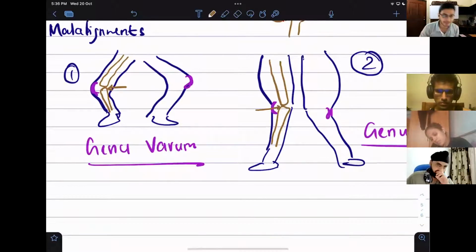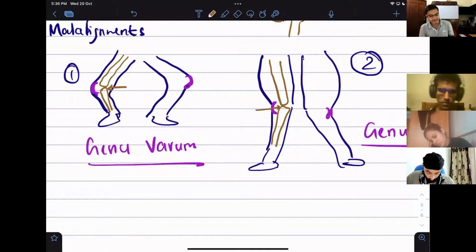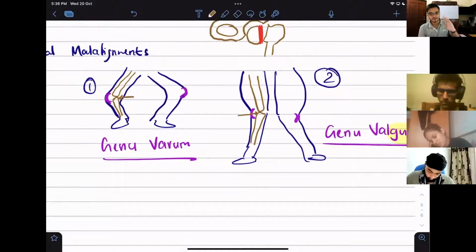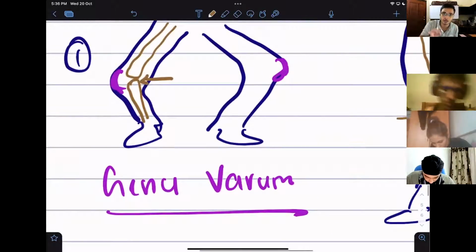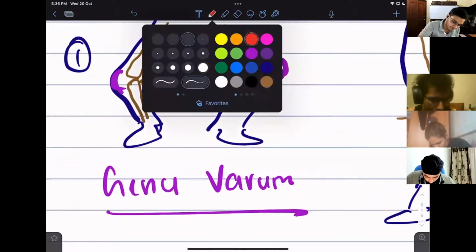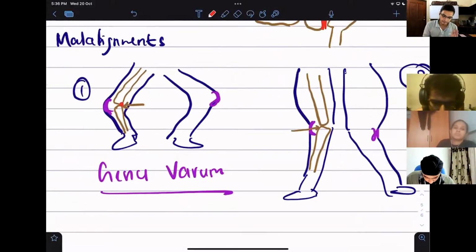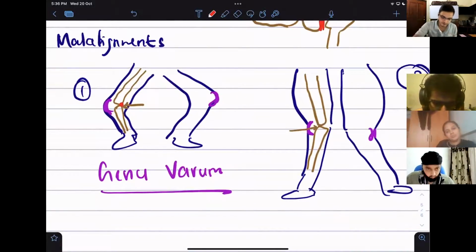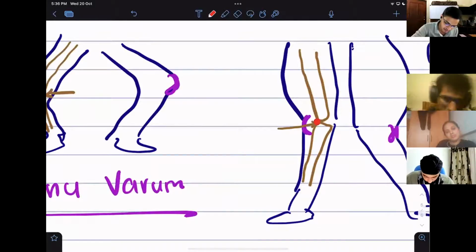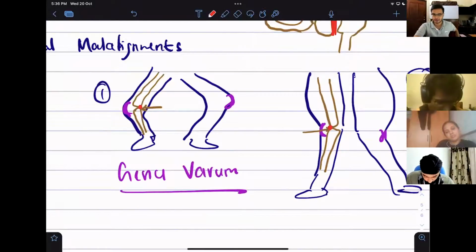It is the lateral aspect. So what is happening is, guys, these anatomical malalignments affect the part of the malaligned joint that is under the most stress. So if osteoarthritis were to develop in a varus deformity patient, it will start off at the medial aspect. In a valgus deformity patient, if osteoarthritis was to start, it will start off at the lateral aspect of the knee joint.